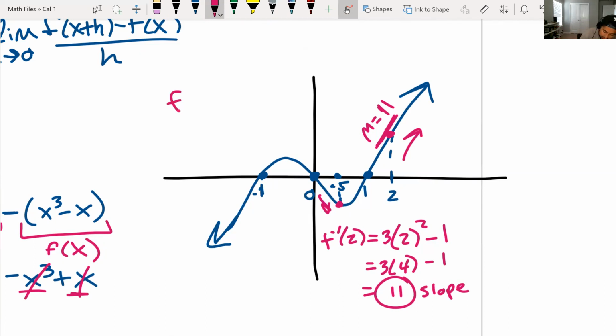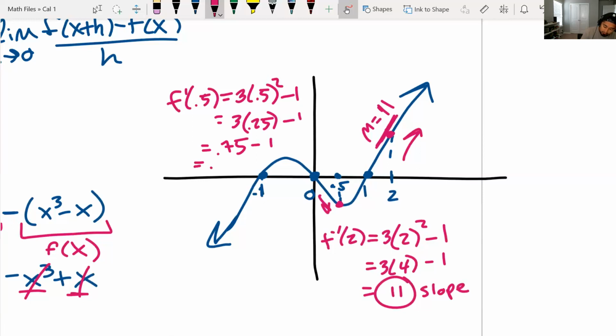If I say f prime of 0.5, I'll get 3 times 0.5 squared minus 1, which gives me 3 times, what's that, 1/2 squared, that's 1/4. So that would be 0.75 minus 1, which would give me negative 0.25.